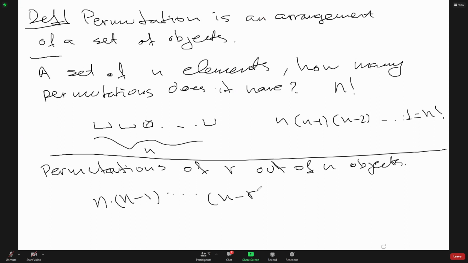So it's n factorial minus n minus r factorial, or, yeah, I don't know. I didn't do the computation correctly. So do we reach n minus r, or plus 1, right?